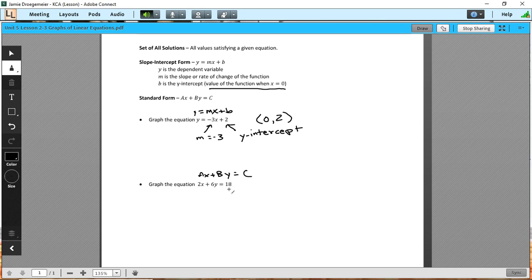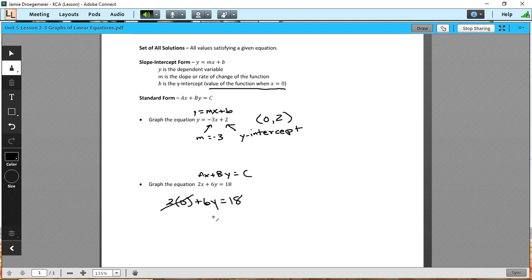Now, if I wanted to graph this equation by hand, the easiest way for me to do that would be to find the x- and y-intercepts. And so we said the y-intercept is the value of the function when x equals 0. So if I plug in 0 for x in that equation, notice 2 times 0 is just 0.